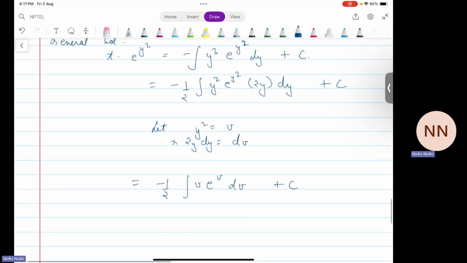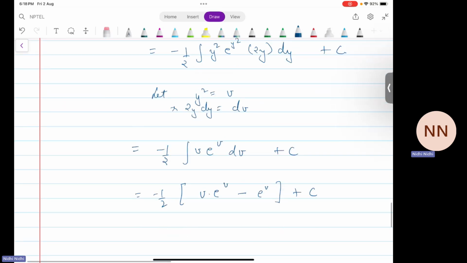Now again we'll be using the product rule to solve this integral. This gives us v as it is. Integral of e to the power v is v minus integration of derivative of v is 1 e to the power v, and we know that the integral of e to the power v is again e to the power v, so we'll write it directly plus c.